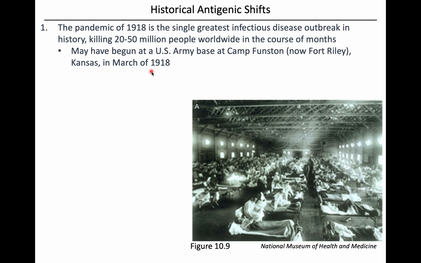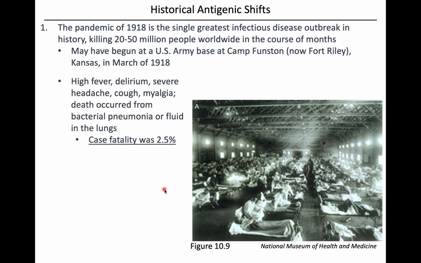You've probably heard a fair amount about the 1918 pandemic because of some similarities with the current COVID-19 pandemic, but it was on such a huge scale that hospitals were rapidly overwhelmed, and you were having to create makeshift wards in gymnasiums and warehouses. Any available space was basically being used to house patients.